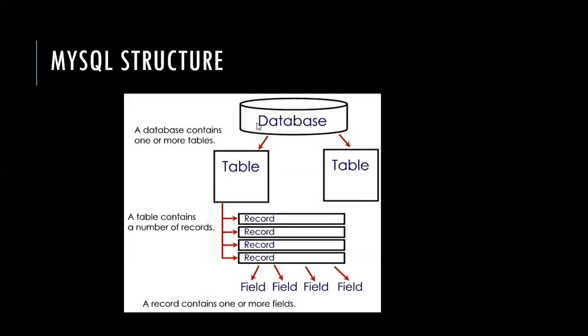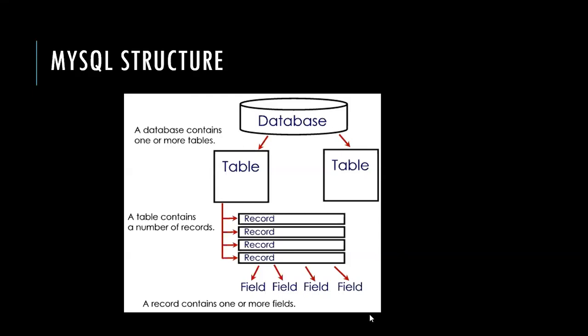The simple thing to remember is that a database is a collection of tables, a table is a collection of records, and a record is a collection of fields. We will understand once we start working on it. Yes, we can call this the schema.